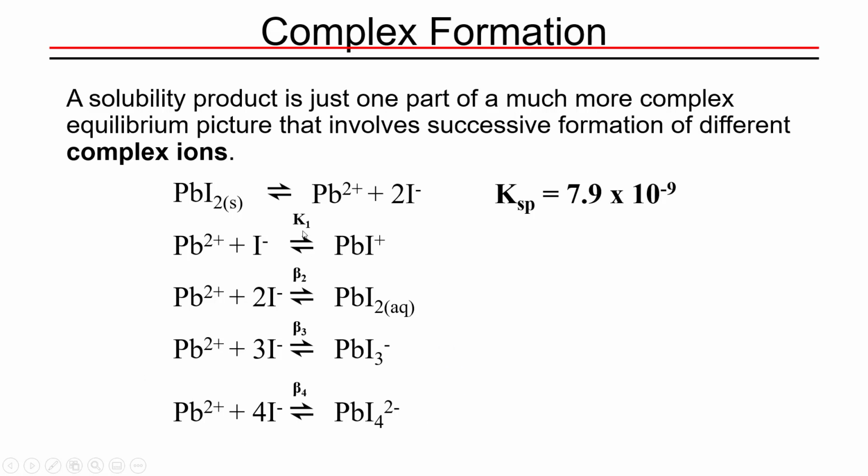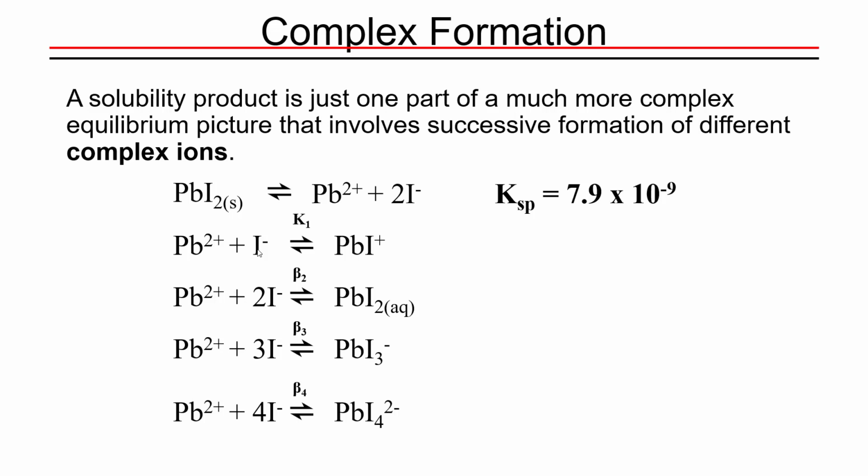And the convention is that if you're describing your equilibrium constant stepwise, the formation of this species, then that species, you refer to the equilibrium constant value with a K. If you're bypassing the stepwise mechanism and you're saying the starting materials, lead-2 plus reacts with X number of moles of the ligand to make this complex ion, you refer to it as a beta value rather than a K. But a beta value is just another type of equilibrium constant, which is framed to talk about the reaction as occurring between the metal cation and X number of moles of the ligand, rather than talk about the formation of these complex ions stepwise.